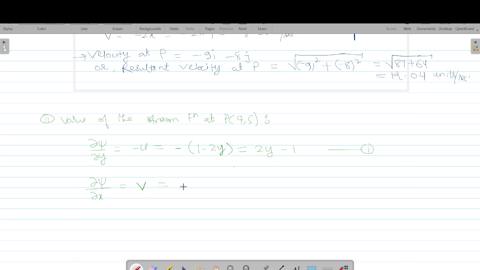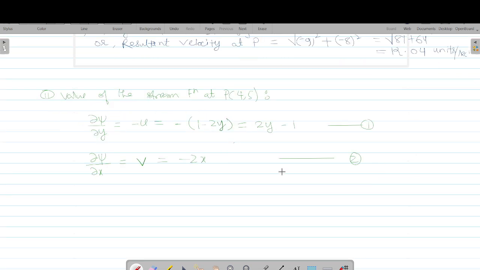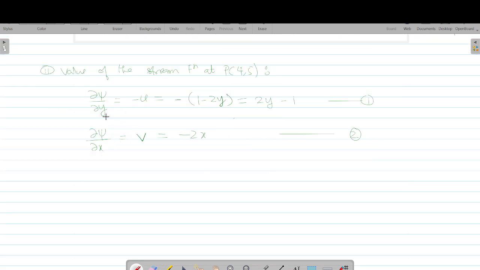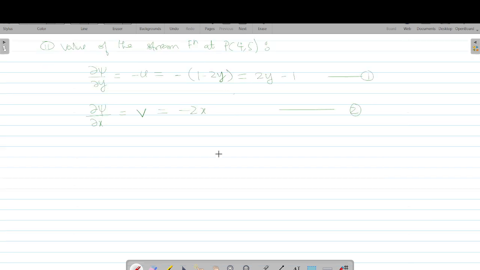And what about v? v is negative 2x, and this is my equation 2. Just mark it like this too. So we have already found the value of dψ/dy as 2y minus 1 and dψ/dx as minus 2x. Now we can simply integrate equation number 1 with respect to y.